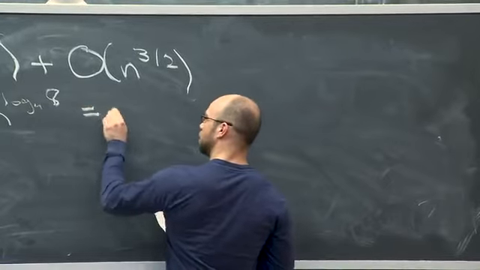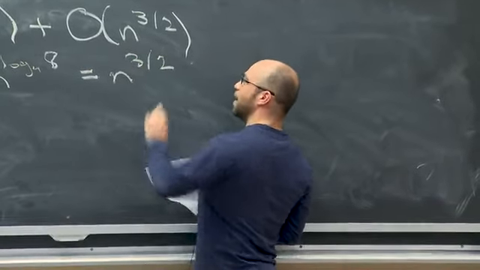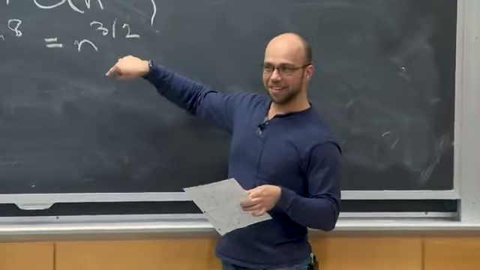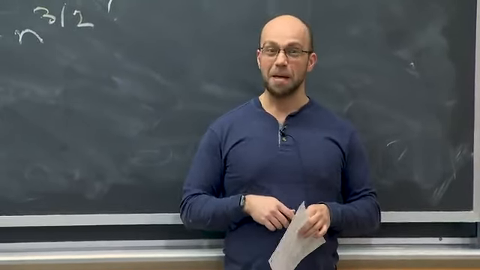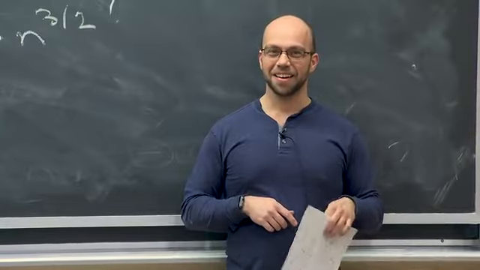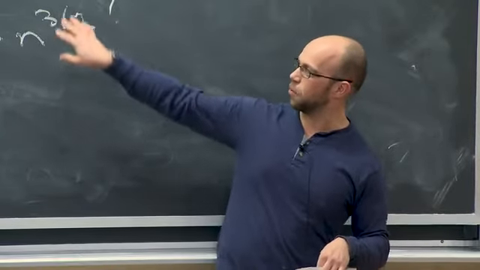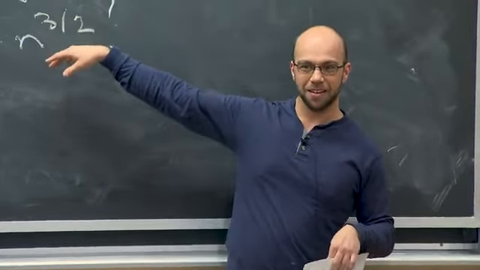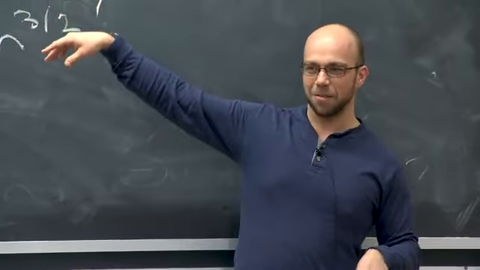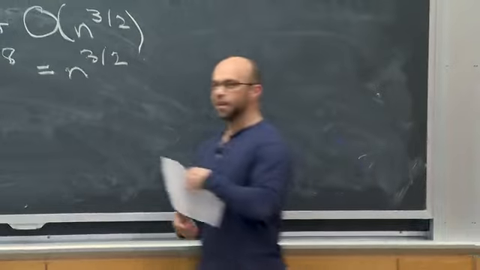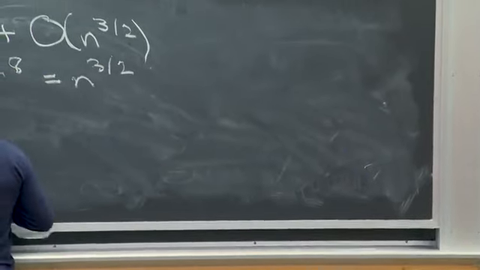Yeah, so this is equal to n to the 3 halves. And notice that these two things agree now. So which of the 3 cases of Master theorem are we in? Are we in the first one where one of these kind of dwarfs the other? No, we're in case 2, right? Where they both kind of behave similarly. Yeah, so this is case 2.